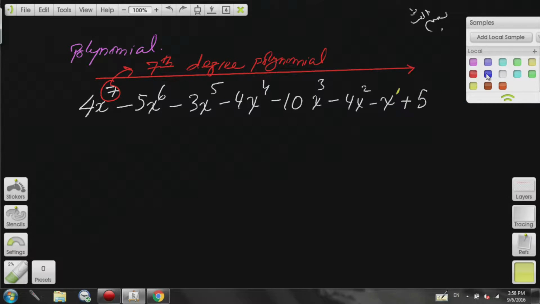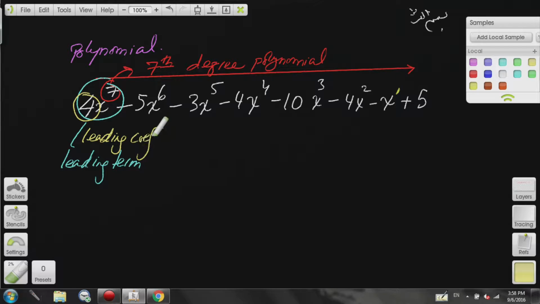And each of these individually are called terms, right? So there are 8 terms in this polynomial. And the first term, when it's arranged in decreasing order, is called the leading term. And the coefficient of the leading term is called the leading coefficient. And all these are coefficients.